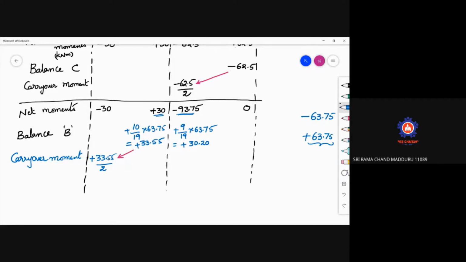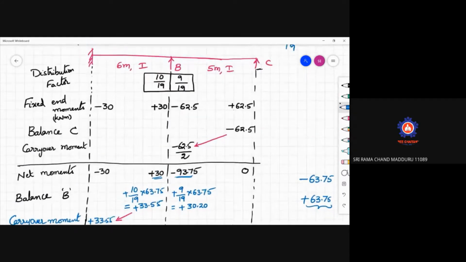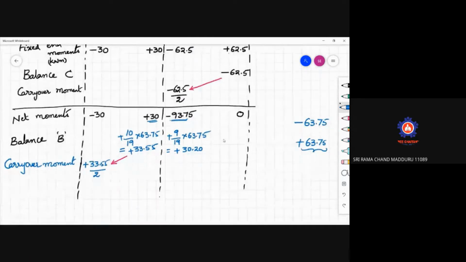Why? Because the far end is hinged. Support A is fixed, that's why the carryover moment is there from B to A, towards BA. From B to C, as C is a hinged support, you already balanced it, so once again you should not send the carryover moment. So the carryover moment will not be there for B to C.